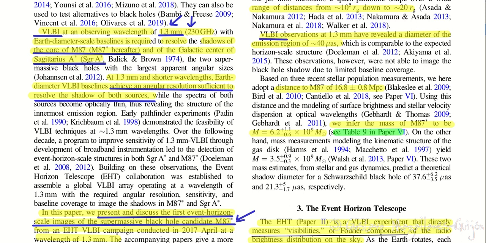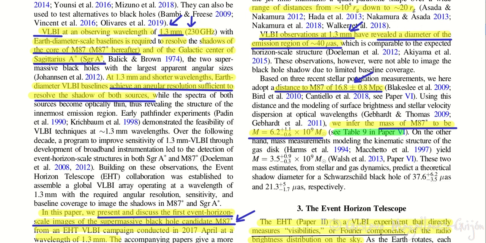They explain to us that very long baseline interferometry observation at this wavelength revealed a diameter of the emission region of approximately 40 microarcseconds, and resolved that the distance of M87 is about 16.8 megaparsecs, and infer the mass to be 6.2 times 10^9 solar masses.